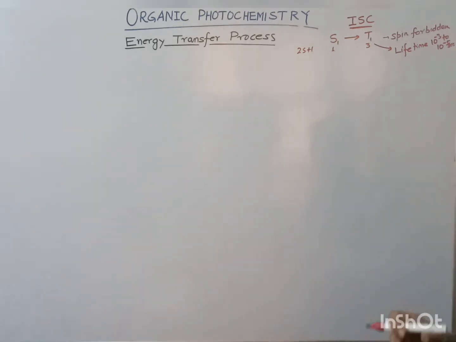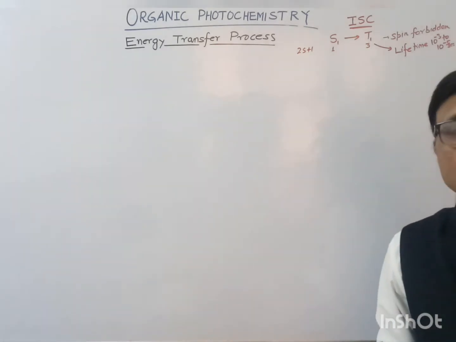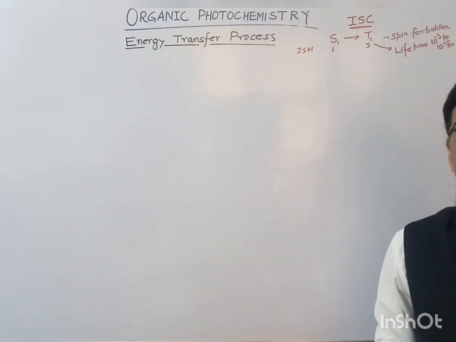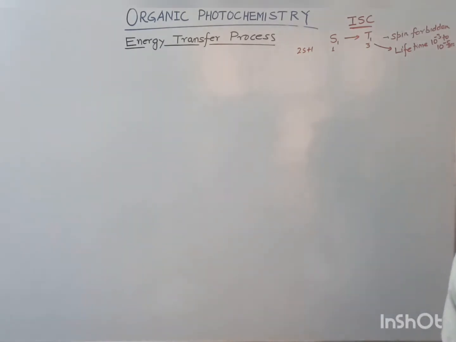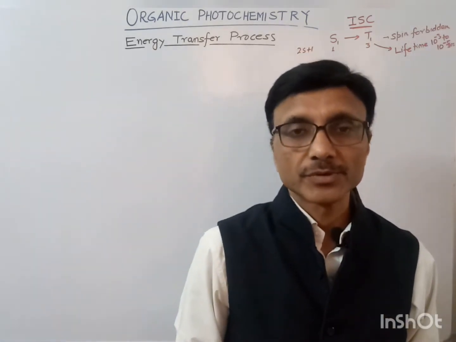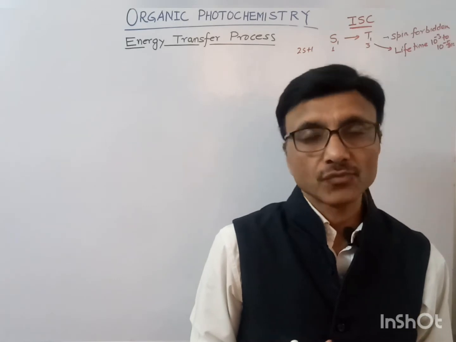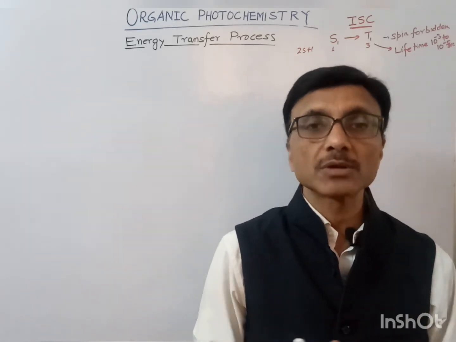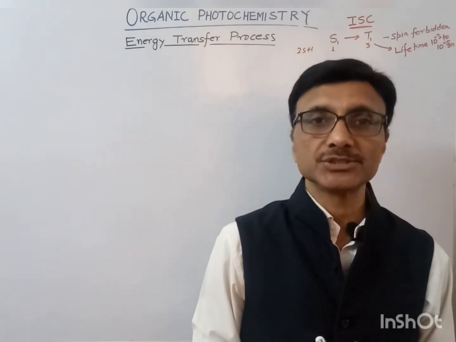But in a few molecules, for example in olefins, the intersystem crossing is not efficient. So that's why it needs energy, and for that we need some donor molecule which can donate the energy.